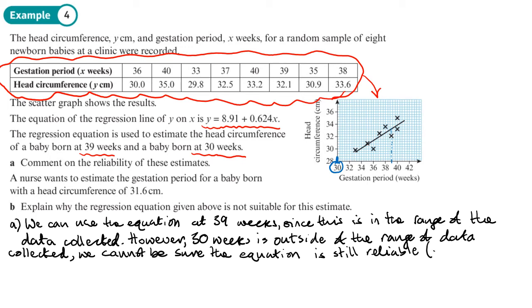Okay, you might want to use the word extrapolate, which means trying to find a value outside of the range, whereas when we're doing stuff inside of the range that we've collated, we call it interpolate.